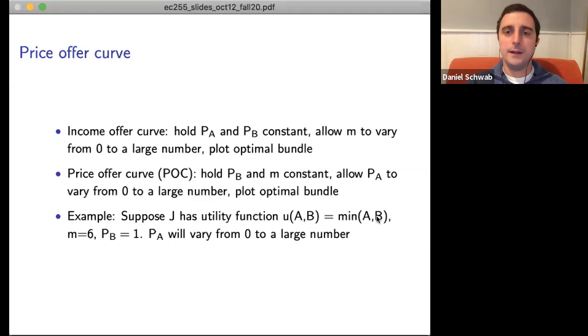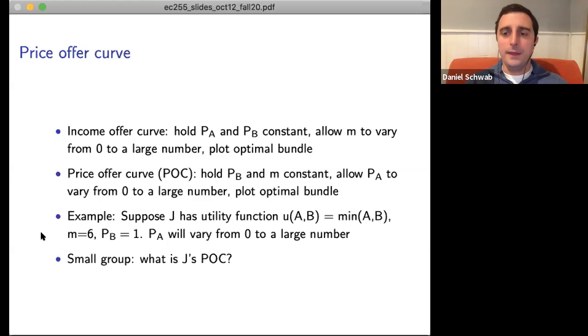Rather than letting M range all over the place, what we do instead is to say, okay, let's say M is 6. Let's set PB equal to 1. And now PA is going to go all over the map, right? So PA will go from a very small number like 0 up to some gigantic number. And so that's what we're going to see in this example.